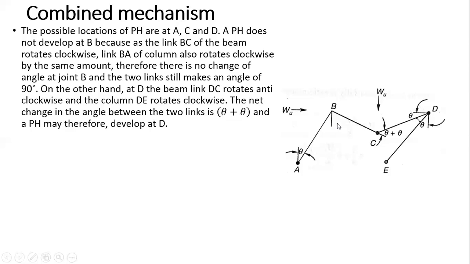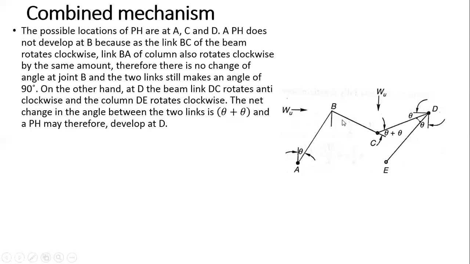In the initial condition, the column and the beam are straight, so the angle between the two is 90 degrees. Now in the deflected portion, because this is rotated clockwise, this is also rotated clockwise. So the angle between the beam and the column did not change. It remains 90 degrees. When the angle remains 90 degrees, no plastic hinge will form here.